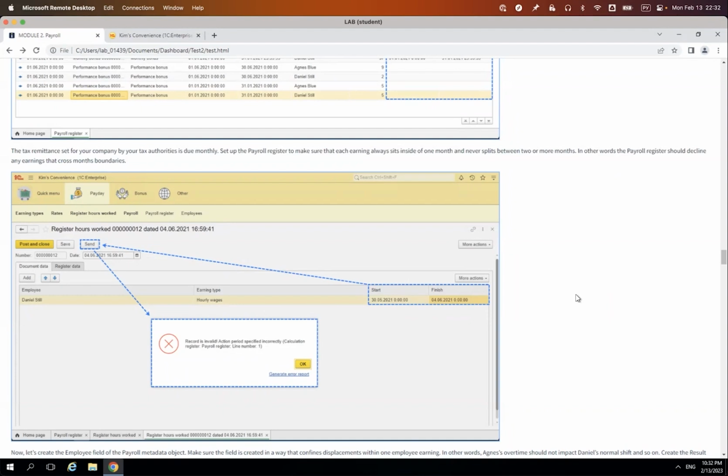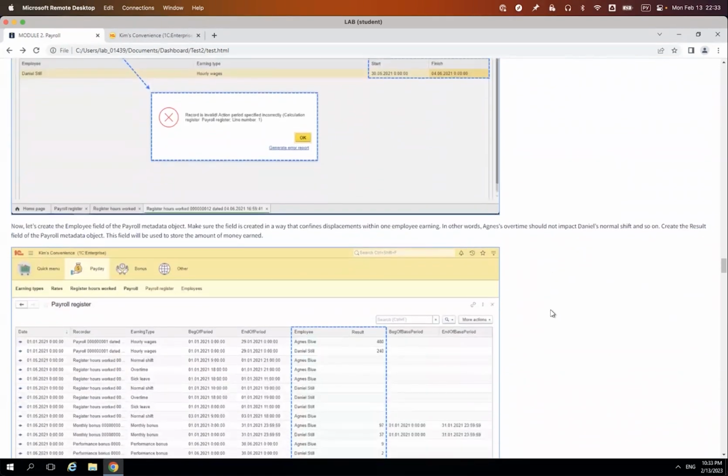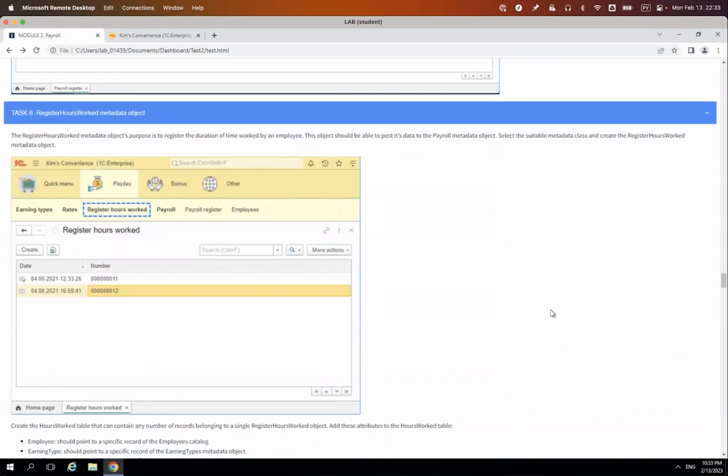It needs to be broken down into 2 different payments, because you need to know exactly how much money you paid within this tax period, so you know how much taxes you should pay for this period. So this is what this check is about. You need to make sure that no payment periods extend from 1 month to another. They need to be split into 2 different records. So this is why.